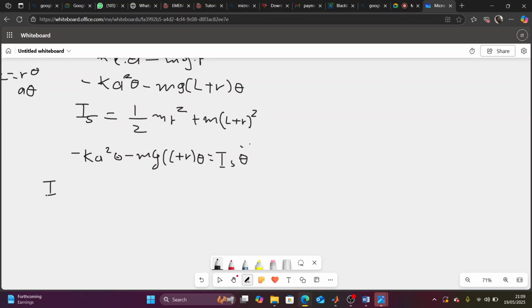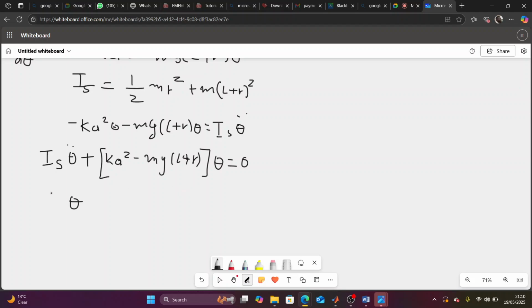So I'll be having theta double dot plus, I can write, k a square minus mg L, this is L plus r, everything multiplied by theta to be equal to 0.